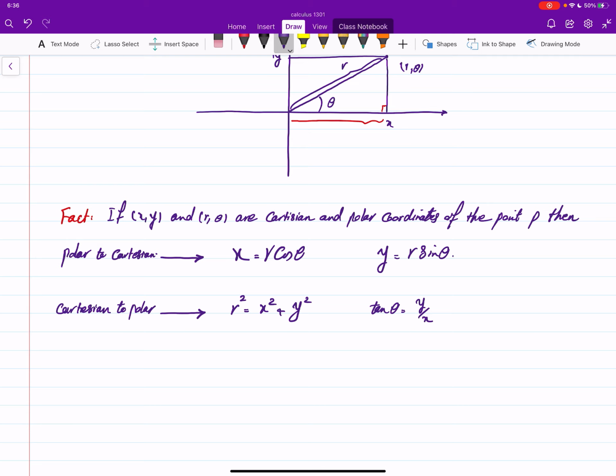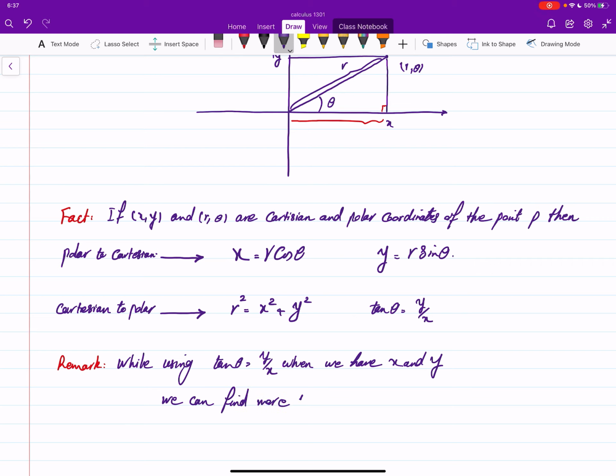Let me write a remark here. When using tan theta equal to y over x, when we have x and y, sometimes we can find more than one theta satisfying the equation.